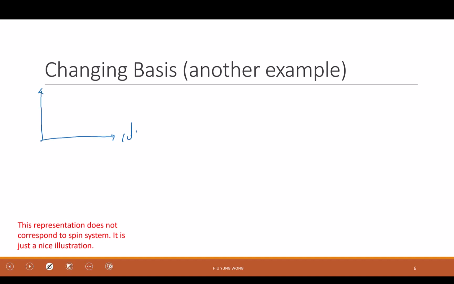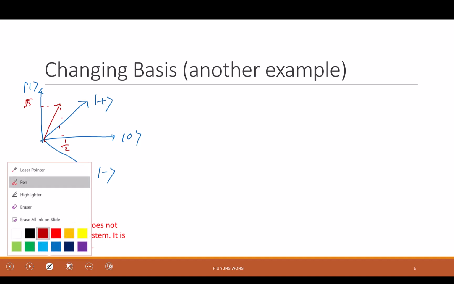I again make this as 0 and 1. Right, 0 and 1, and I still have this plus and minus. With this, I have a vector, let's say at this location, and this vector has half here and square root 3 over 2 here.